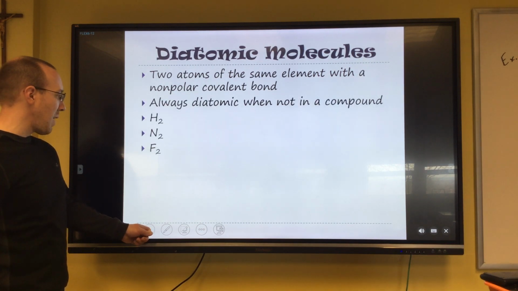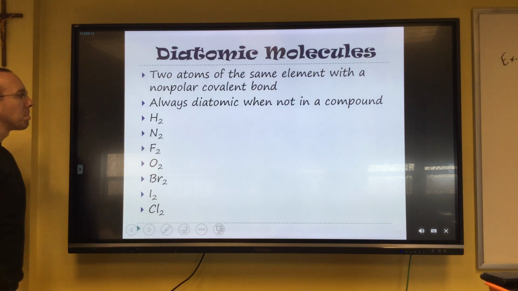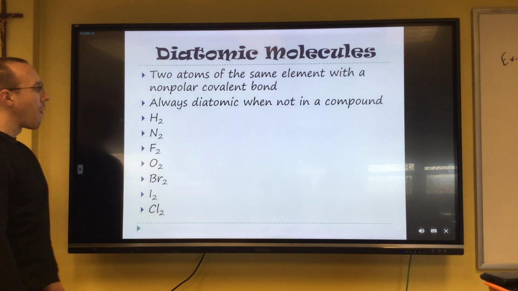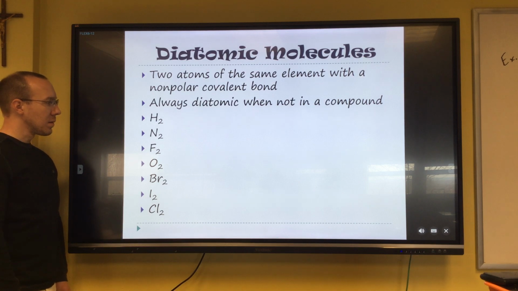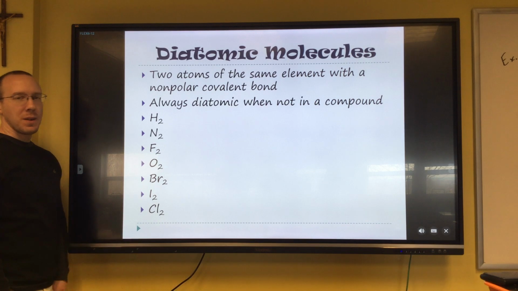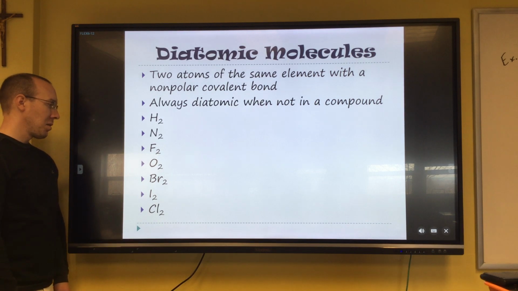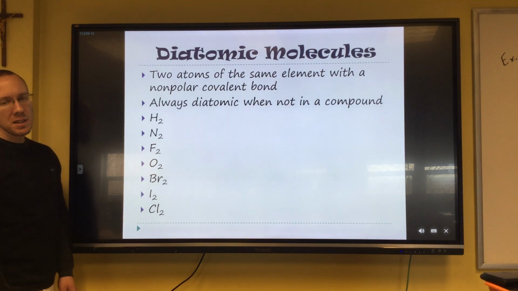Diatomics are special ones, and you have to memorize these. Diatomic means 2, so these are just bonded with themselves: 2 oxygens bonding, 2 iodines bonding, 2 chlorines bonding.